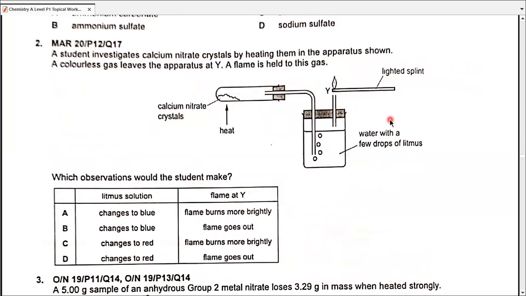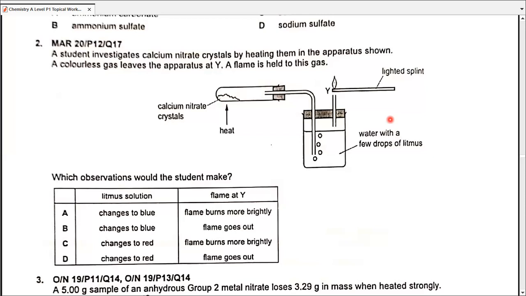A student investigates calcium nitrate crystals by heating them in the apparatus shown. A colorless gas leaves the apparatus at Y. A flame is held to this gas. Which observations would the student make? Calcium nitrate gives calcium oxide plus nitrogen dioxide.